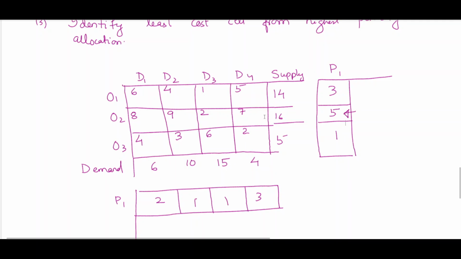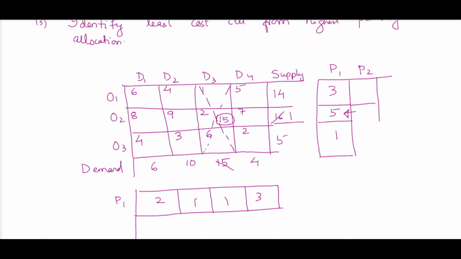Demand is 15, supply 16. 15 is less than 16, so we allocate 15 here, circle it, and cut this column. The remaining supply will be 1.